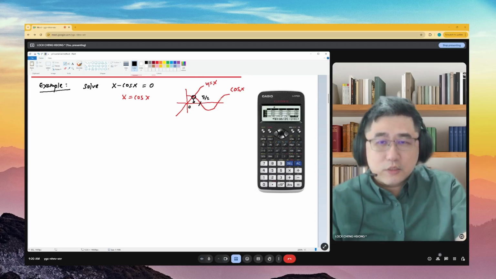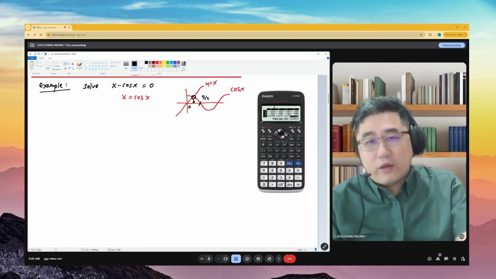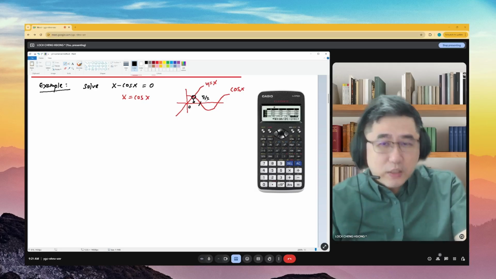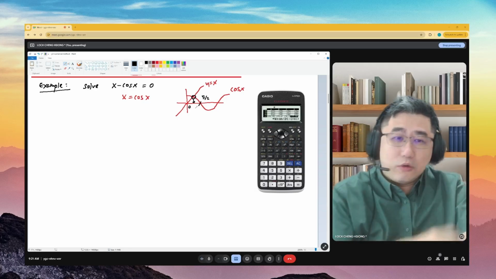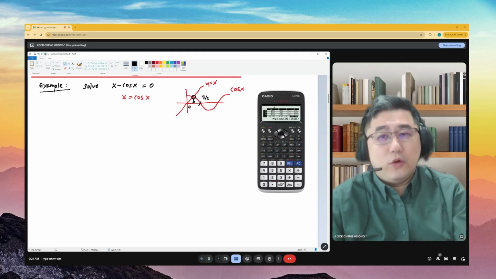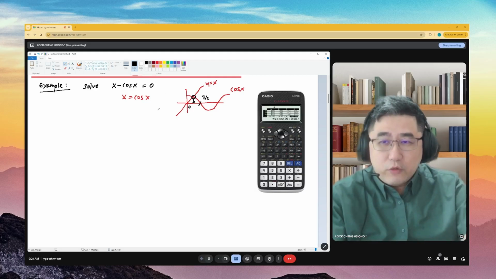Oh, there is a solution, between 0 and pi over 2. Of course, at the moment I have no idea what the number is, but from the graph I can see that there is a solution. That means it's good for us to proceed with the calculation.